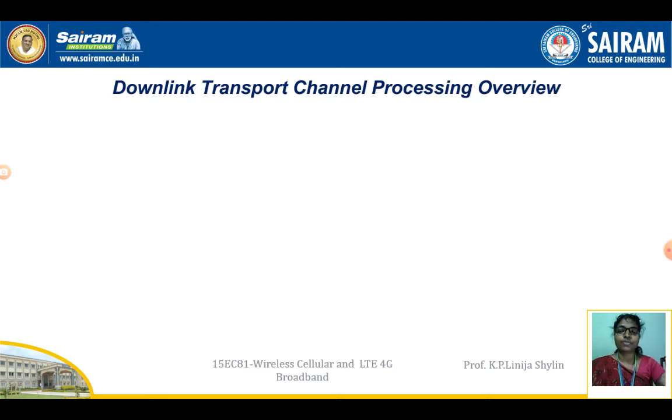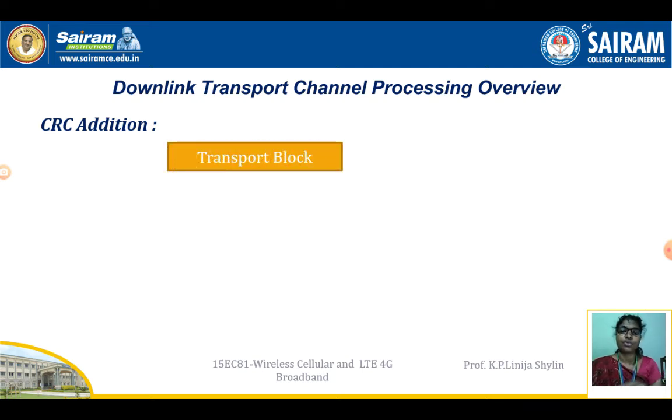Let us see. This is the CRC addition transport block. Along with this block we will add one CRC. Here a 24-bit CRC will be added for each transport block.